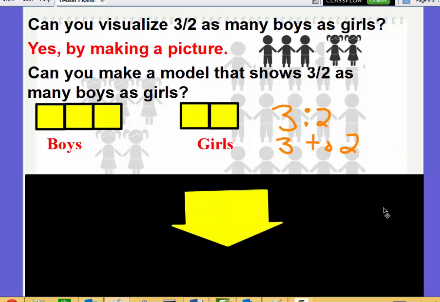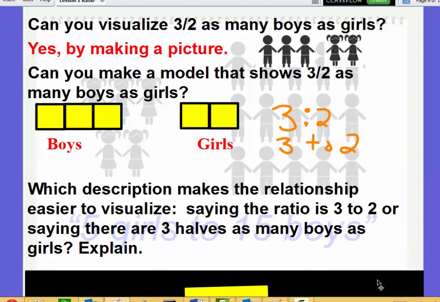So the last question I'm going to look at is, what description makes the relationship easier to visualize? Saying the ratio 3 to 2, or saying there are 3 halves as many boys as girls? There's no right or wrong answer for this, but for me, this one is easier, saying 3 to 2.